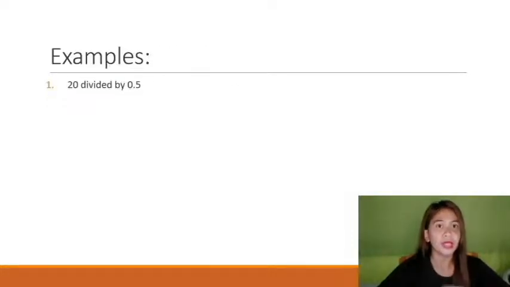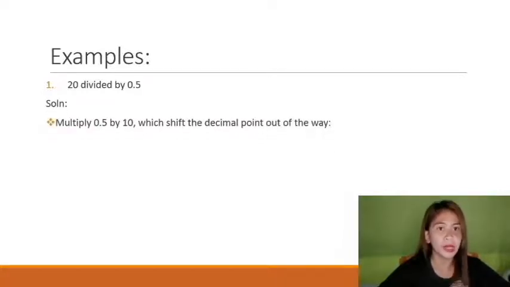Example: 20 divided by 0.5. Solution: Multiply 0.5 by 10, which shifts the decimal point out of the way. 5 times 10 makes it a whole number, which is equal to 5.